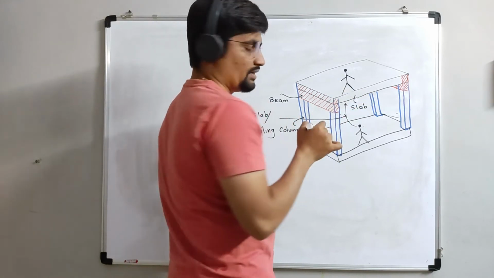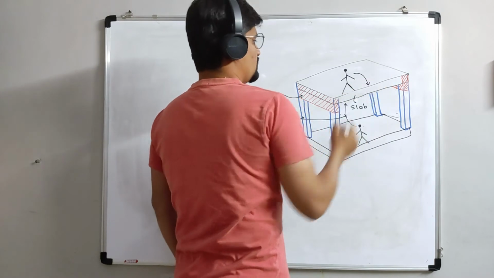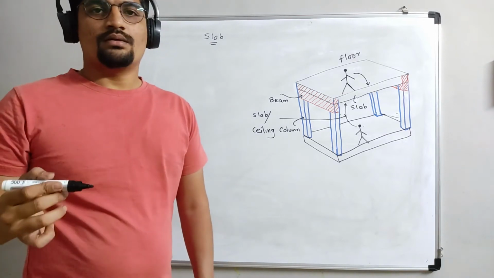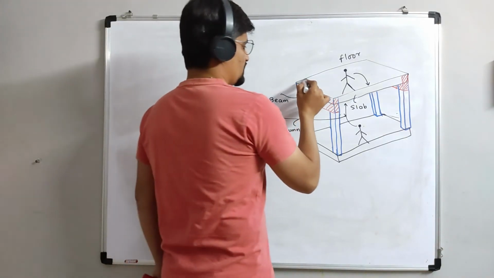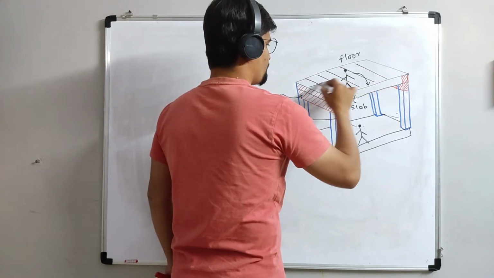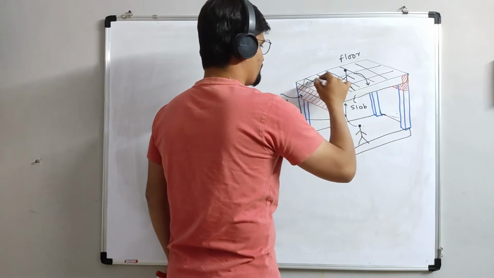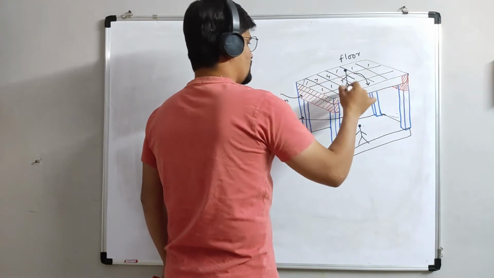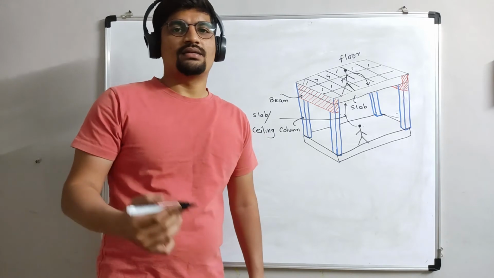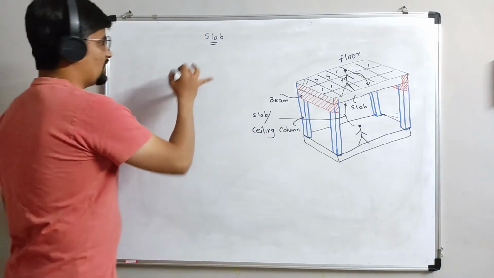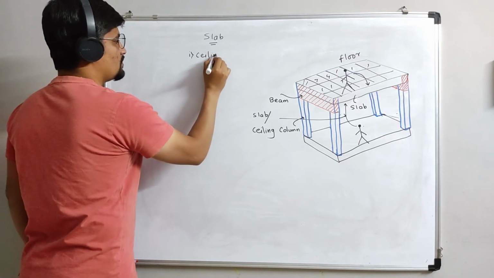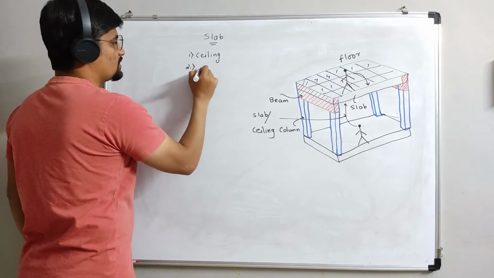But the same thing for these people is known as floor. Floor means where we place the tiles, like this. So the same thing is known as slab, and also known as floor. So slab is also known as ceiling, or else it is known as floor.